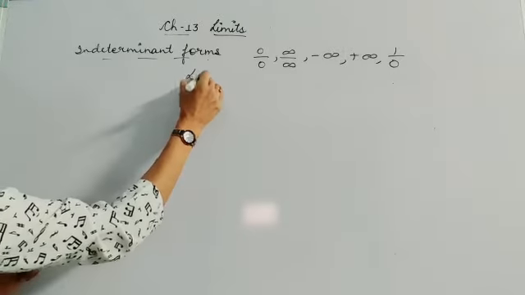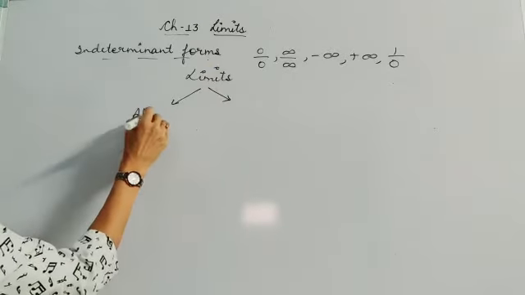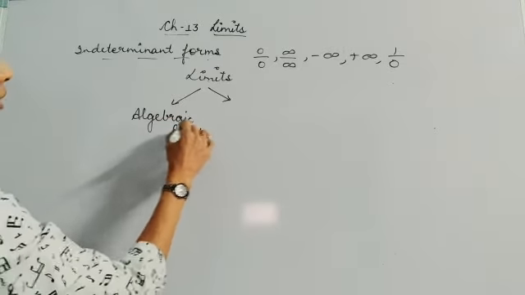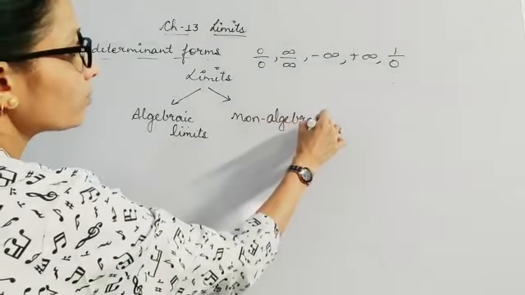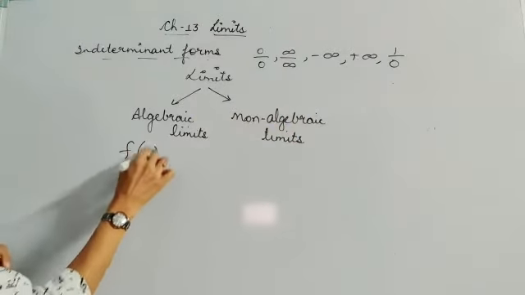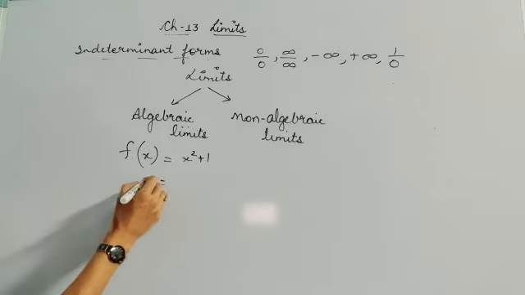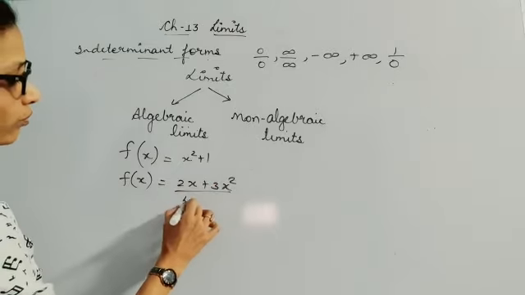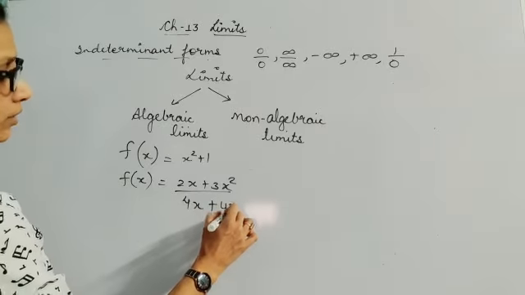Now, limits are categorized into two types of problems. One is algebraic limits, the other is non-algebraic limits. Algebraic limits means you get your question in variable and constant form. Let's suppose you are getting your function f(x) equal to x square plus 1, or 2x plus 3x square upon 4x plus 4x square.